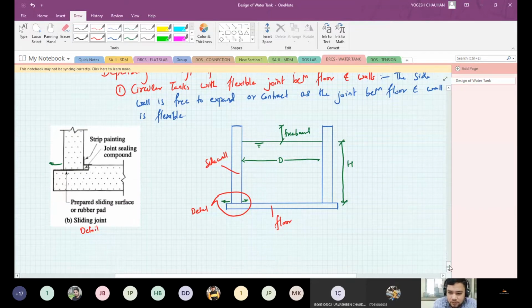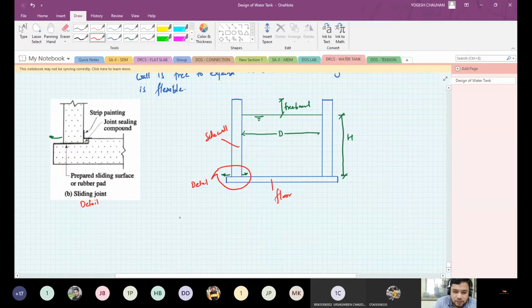Another type is in which this is rigid. So second type is circular tanks with rigid joint between floor and walls.